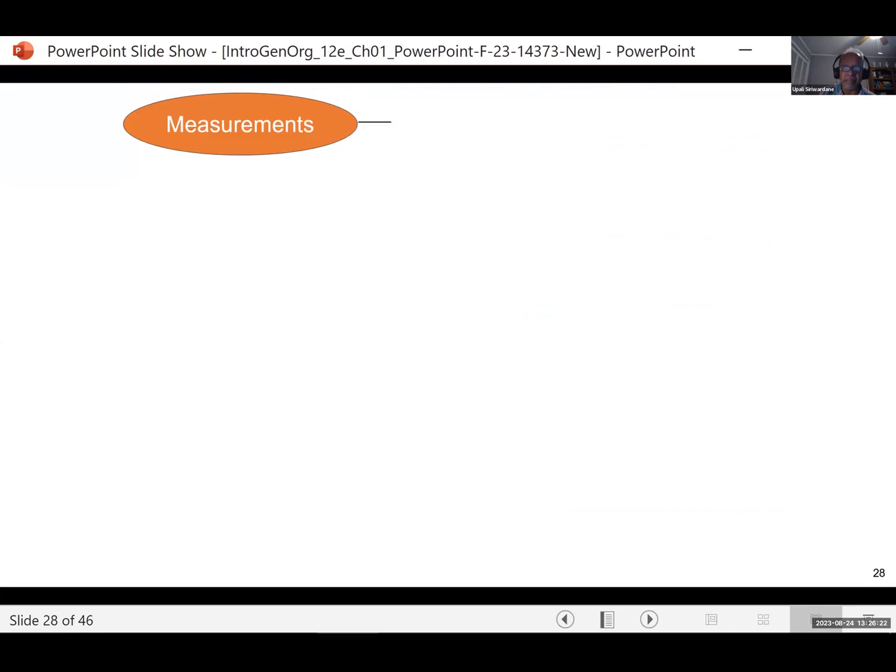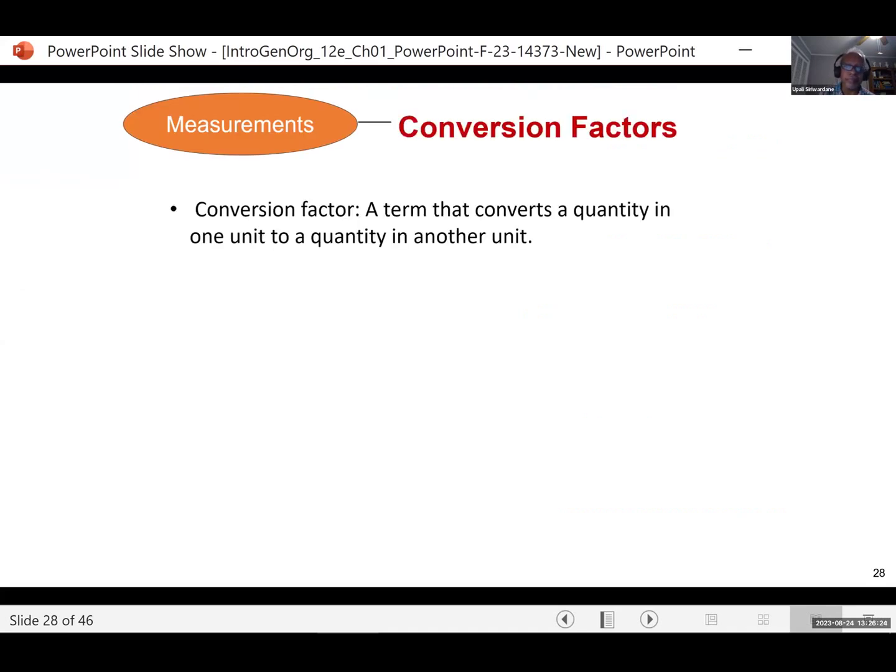significant digits in measurement. Now measurements have a number and the unit. So we looked at the number part in the previous slides, and we are going to look at the unit part now.